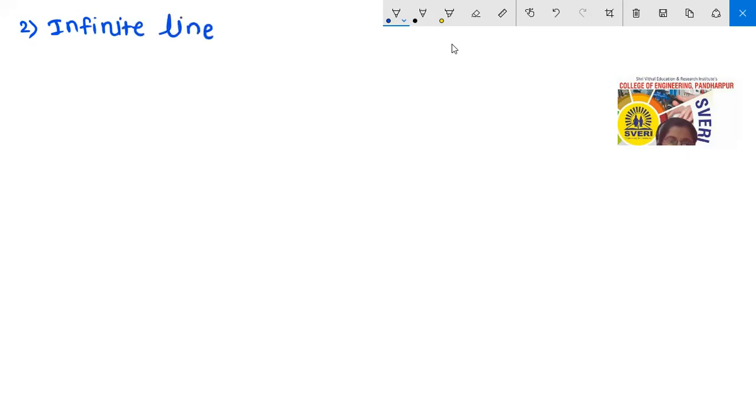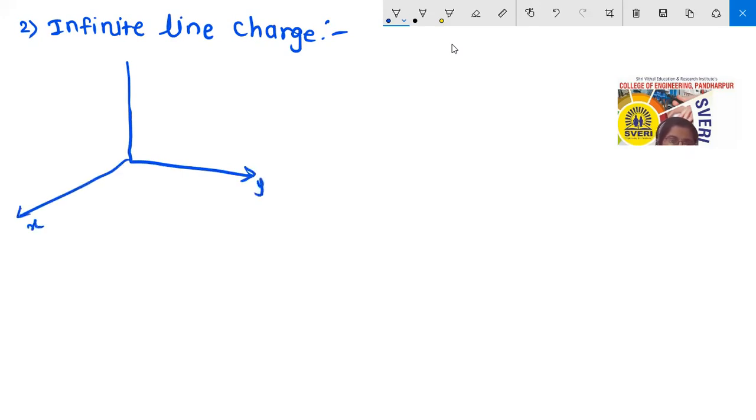For this, consider first the Cartesian coordinate system having coordinates x, y, and z.